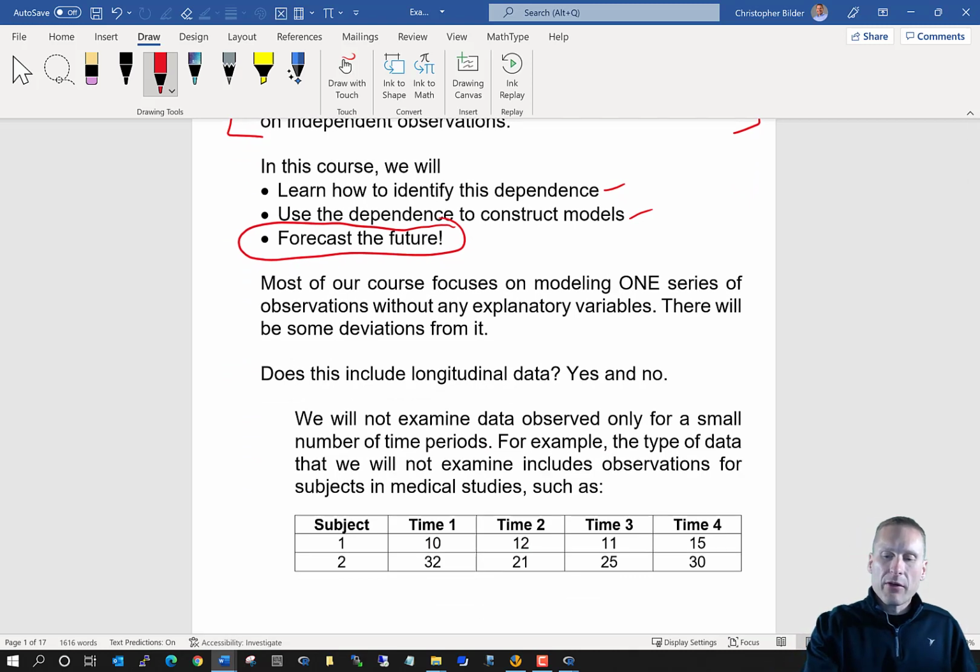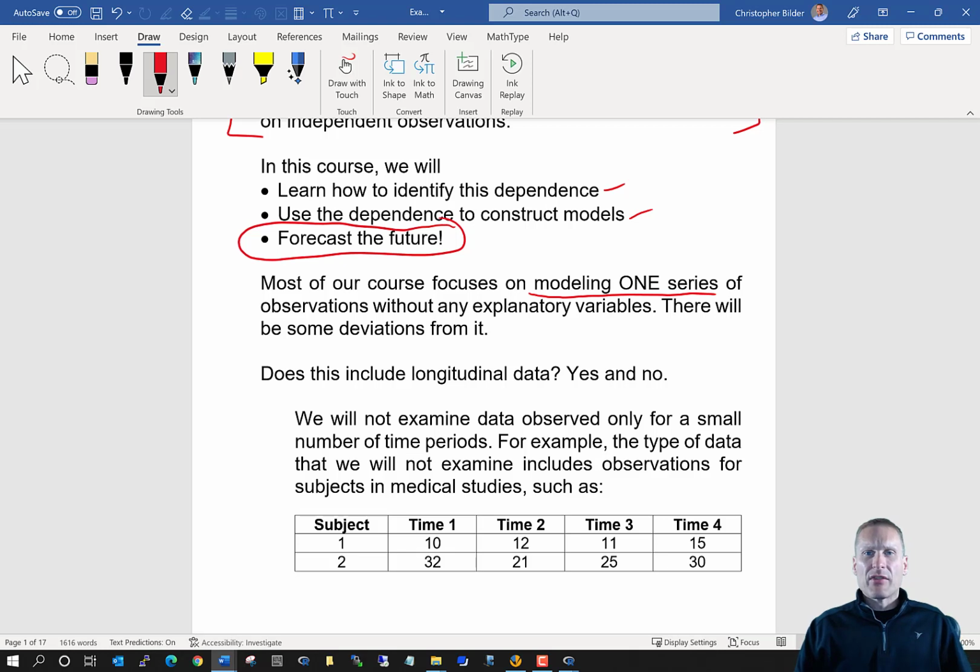Now, also in this course, we are mainly going to focus on one series, meaning, let's say, just one Starbucks location, rather than, let's say, looking at all Starbucks locations in a particular city. Maybe there's 5 different locations and you have the number of customers per day at each location.